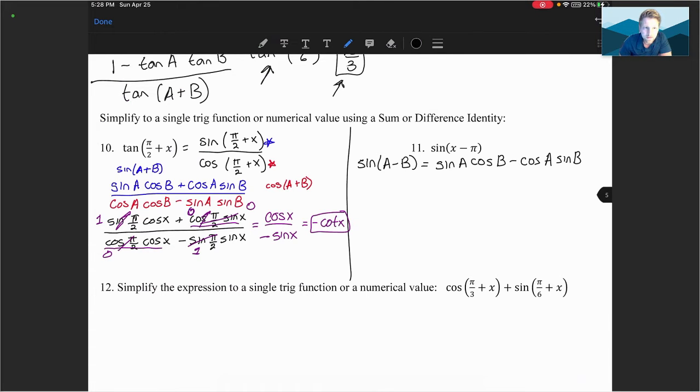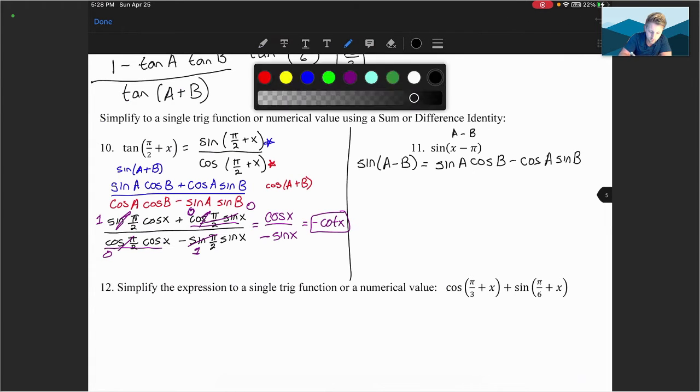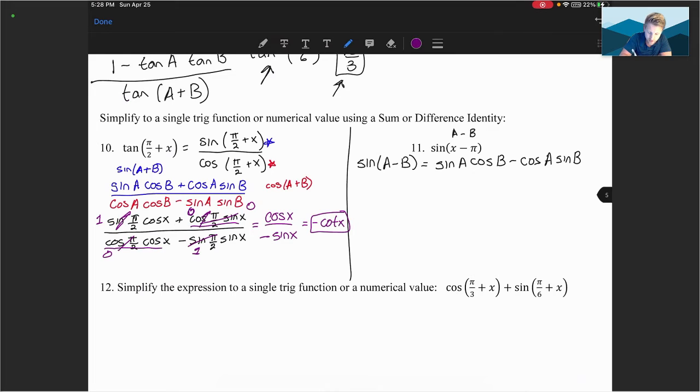And I know A and B in this expression happens to be x and pi. So this is my A minus my B. So let's go to work to simplify this. We've got the sine of A to start, so sine of x. And then cosine of B would be cosine of pi minus the cosine of x, and then the sine of pi. Pi is another special quadrantal angle for us, same as 180 degrees.